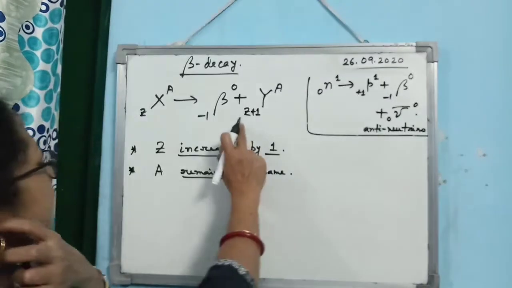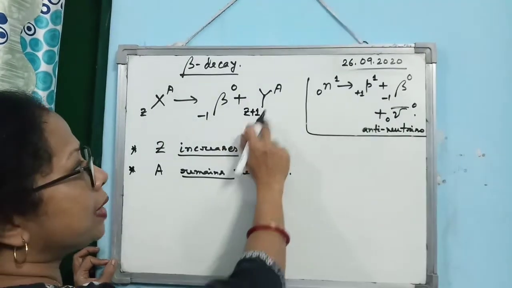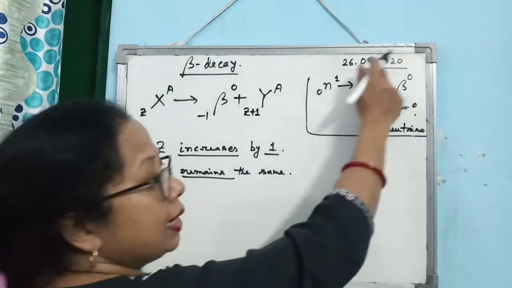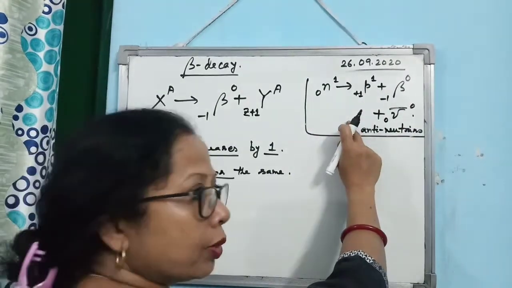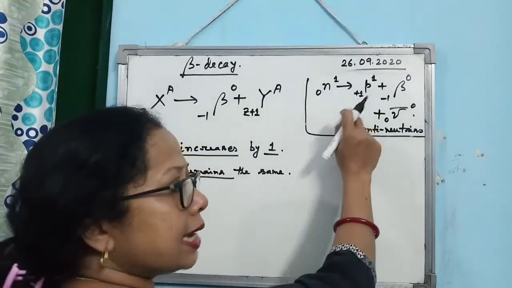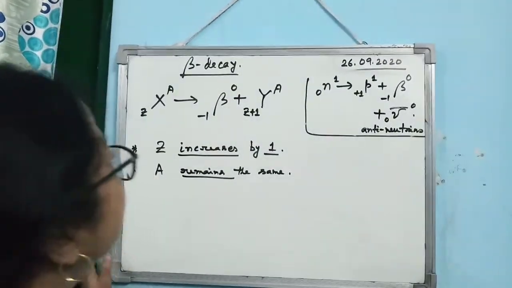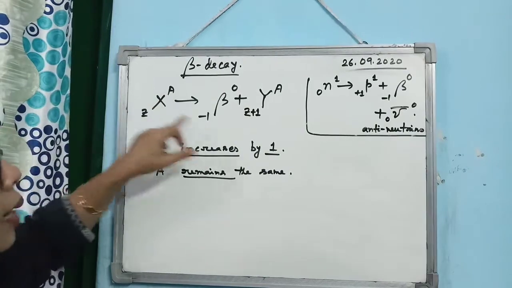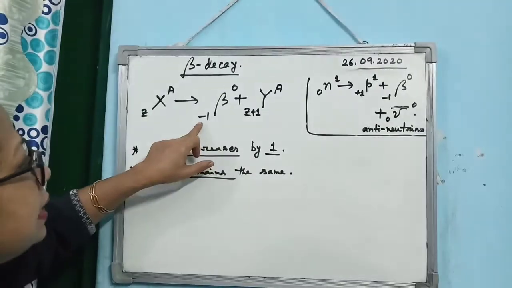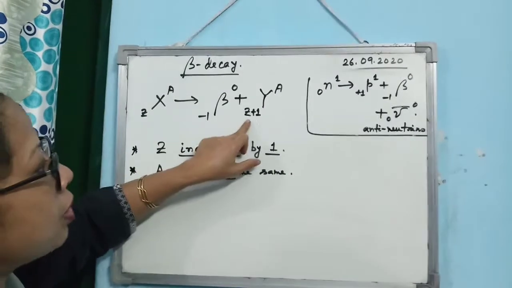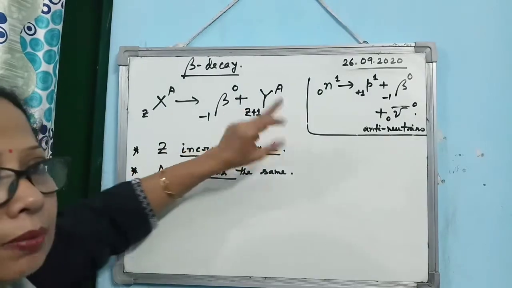Now, why the daughter nucleus has atomic number Z plus 1 and mass number A, I have discussed, considering the nuclear reaction taking place within the nucleus. But if we consider the conservation of Z and A on both sides of the nuclear reaction, then also see, as it is minus 1, if you consider Z minus 1, then Z minus 1 minus 1 is Z minus 2.